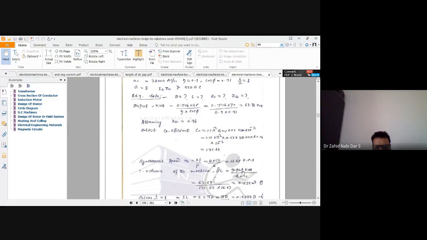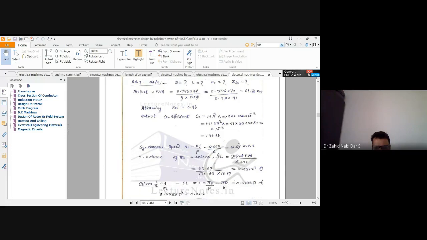Input kVA you calculated, constant you calculated, so you got the value of D square L. It states one more thing, the L by tau ratio: L by tau is equal to 1. Tau is equal to pi D by P. P value you know, pi value you know.